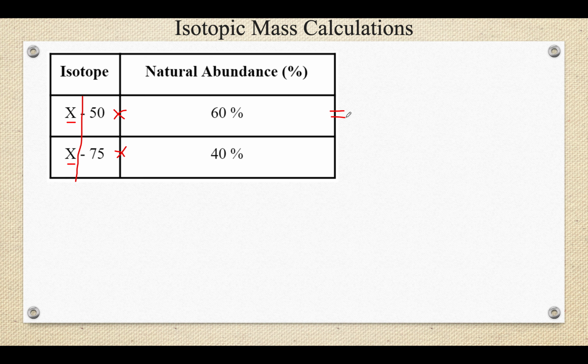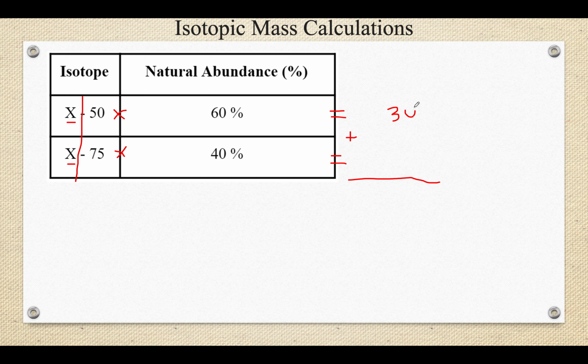I'm just going to draw my equal signs and my plus sign to remind myself. Over here, this is my mass, 50, and it has 60% natural abundance, so 50 times 0.60 equals 30.